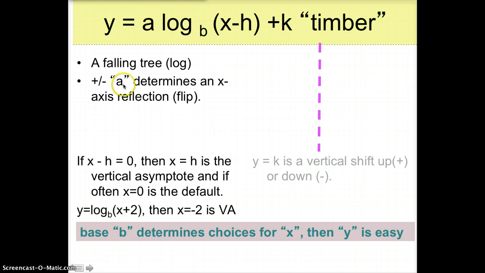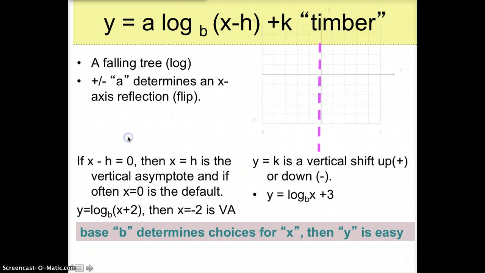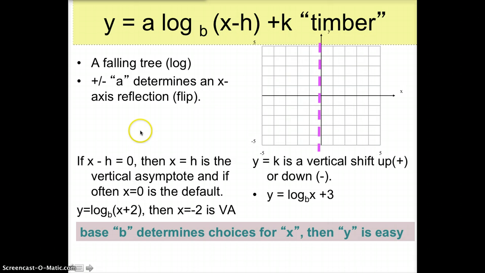If a is positive, the logarithm graph would wrap over the x-axis, and a negative a reflects over the x-axis as an x-axis flip. You'll also notice that x equals h is the vertical asymptote. Normally that's x equals 0, as in this first case.